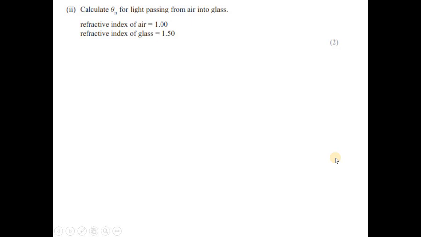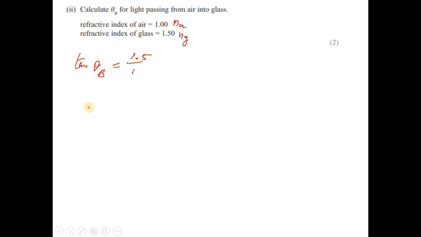Calculate theta b for the light passing from air into glass. So this is Na, and this is Ng. Tangent theta b is equal to Ng, 1.5, divided by 1, Ng upon Na from the previous part.